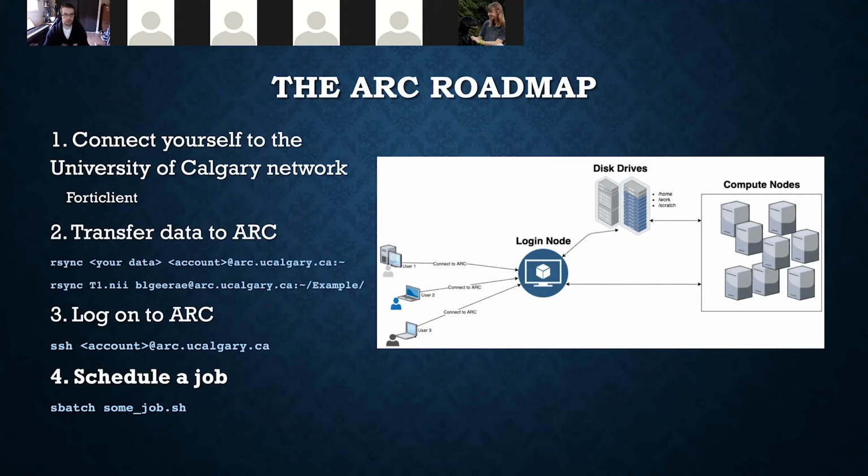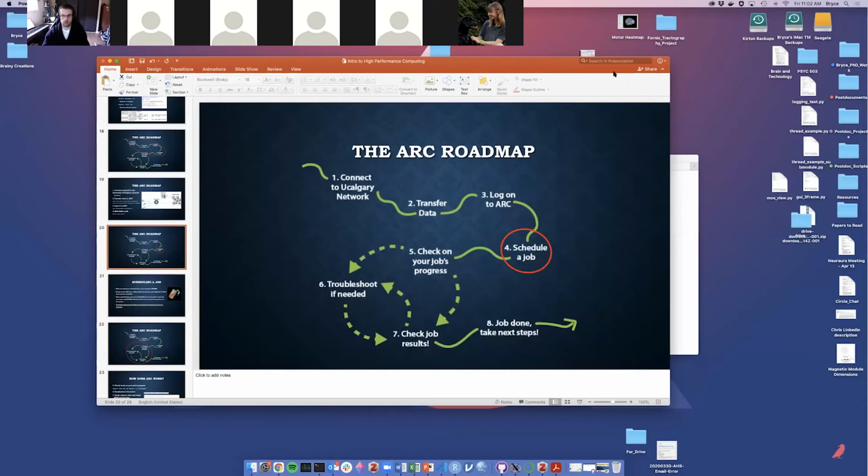So by connecting through FortiClient, you can just download papers more easily than having to log into the University of Calgary library or something. Very handy. So let me show you what that looks like by going out of my PowerPoint.